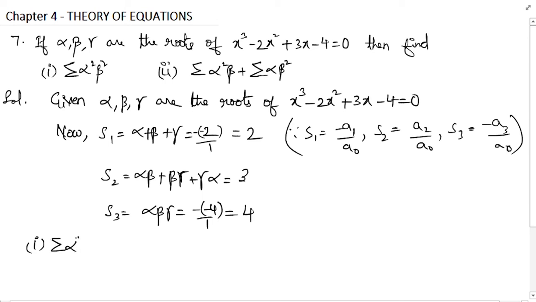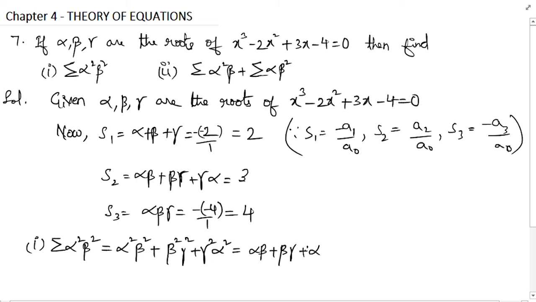That is sigma alpha square beta square, which can be written as alpha square beta square plus beta square gamma square plus gamma square alpha square, that is equal to alpha beta plus beta gamma plus gamma alpha the whole square minus 2 alpha beta gamma into alpha plus beta plus gamma.